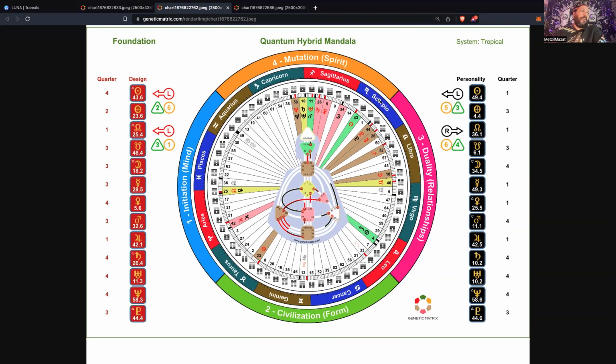Their unconscious is Scorpio. So this person, to other people, may seem like a Scorpio in their personality. And then we have the earth subconsciously in Taurus. So the way to harness this Scorpio energy is through Taurus.